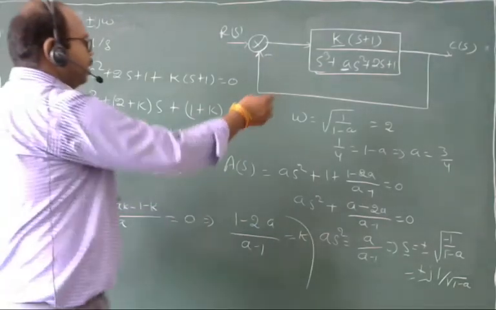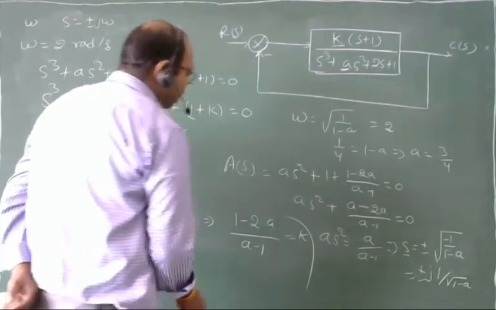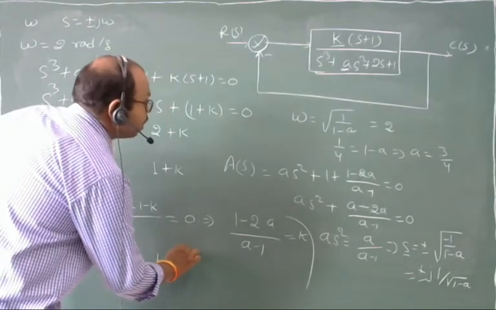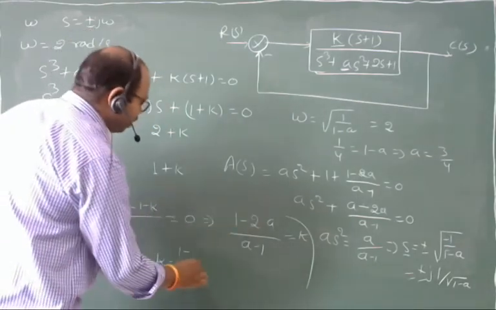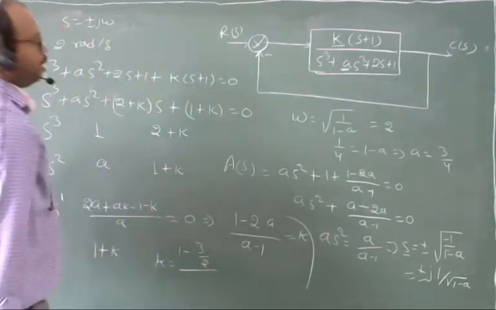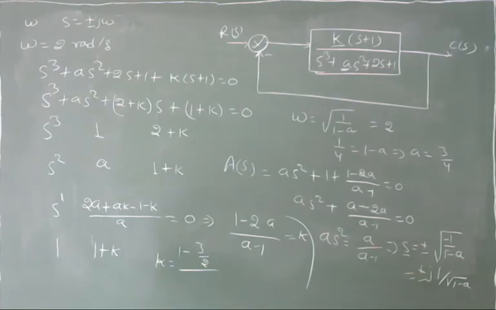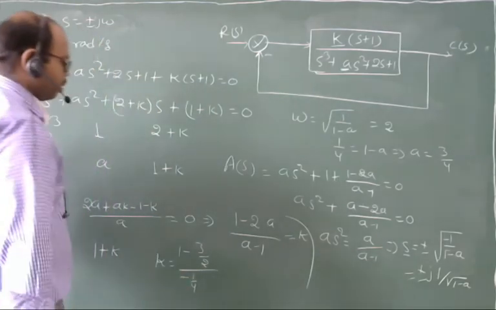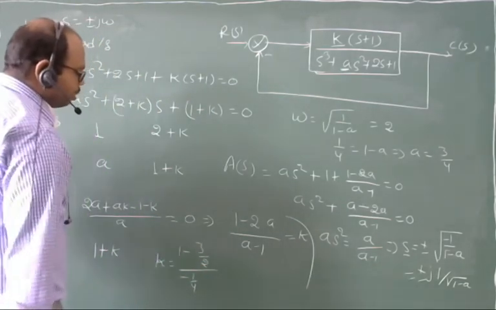And since we have found the value of a, the value of k will be k is equal to 1 minus 2 into 3 by 4, so 3 by 2, divided by 3 by 4 minus 1. 3 by 4 minus 1 is minus 1 by 4. Here minus 1 by 2.